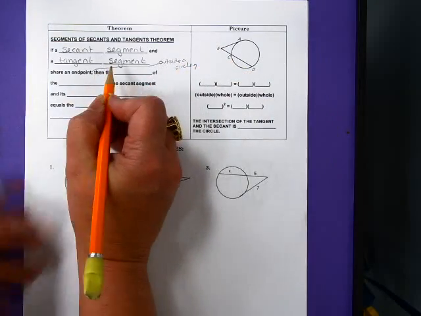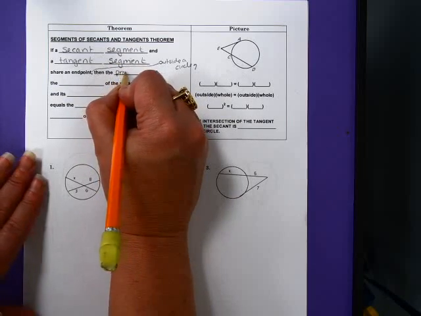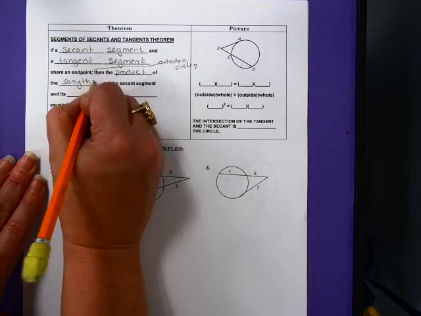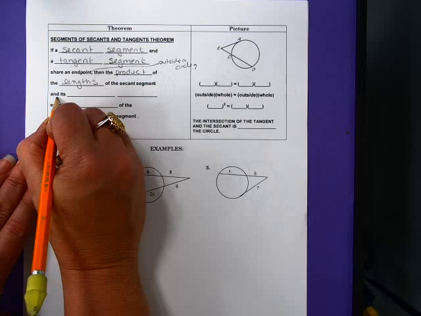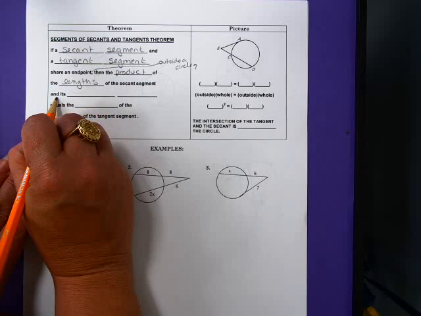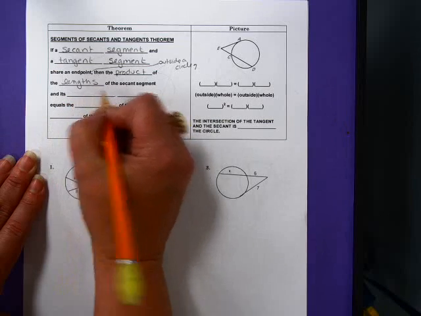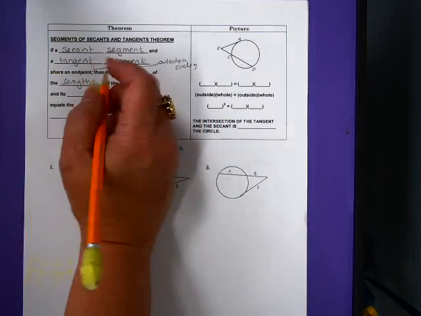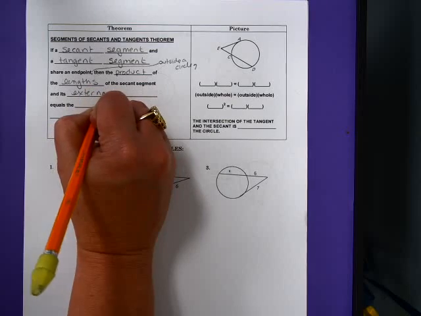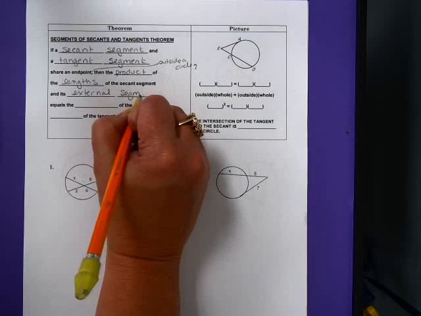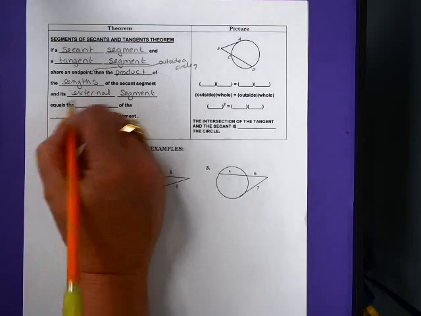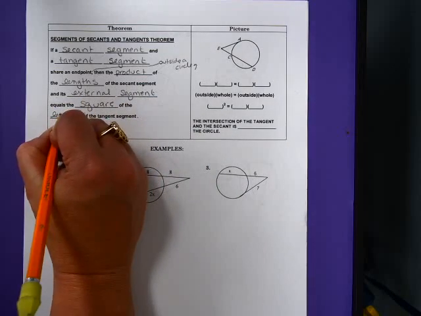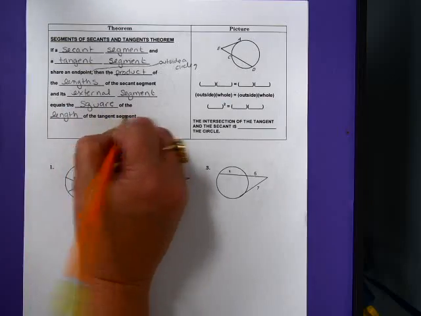then the product of the lengths of the secant segment and its external segment equals the square of the length of the tangent segment.